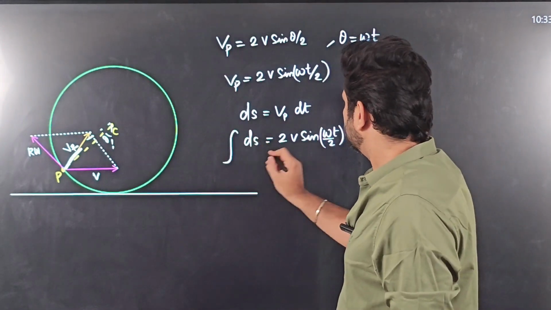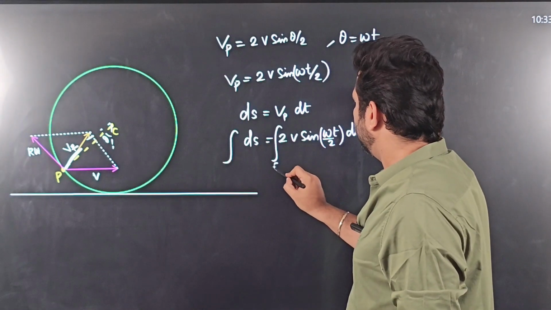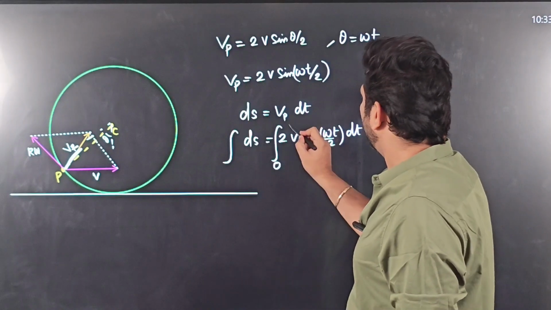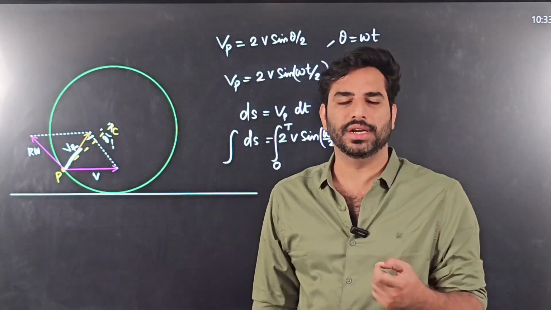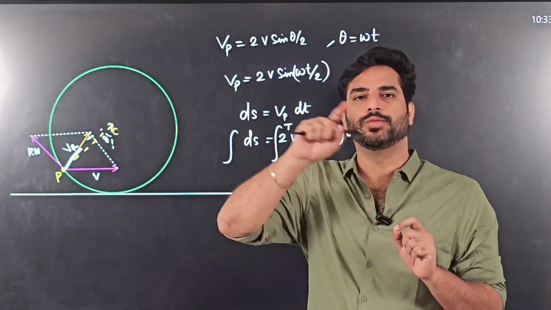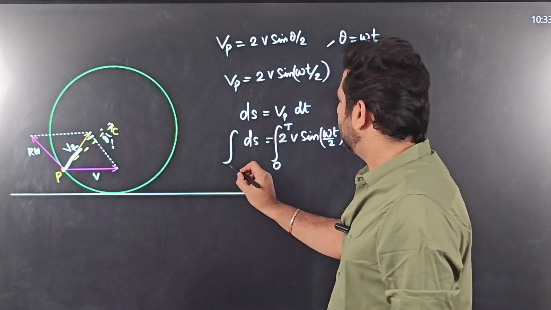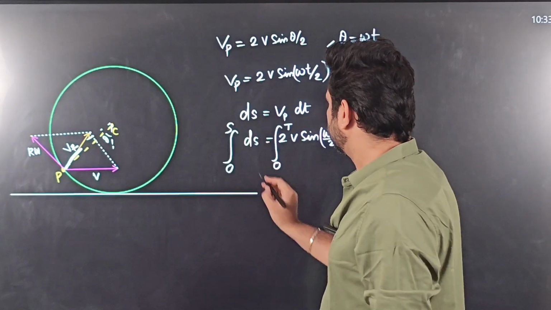I am integrating this on both sides. Time t is from 0 to one time period T, that is equal to 2 pi by omega. One time period is the time taken to finish one complete rotation. The total distance traveled is from 0 to s.